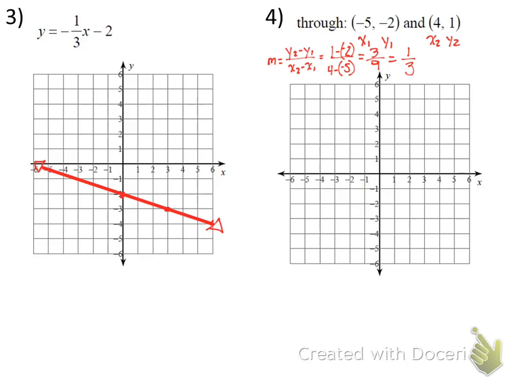Okay? Then you got to do point slope form, which is going to be y minus y1 is equal to m times x minus x1. Your slope again is 1/3, so you plug that in. X1 is negative 5, so minus a negative 5.